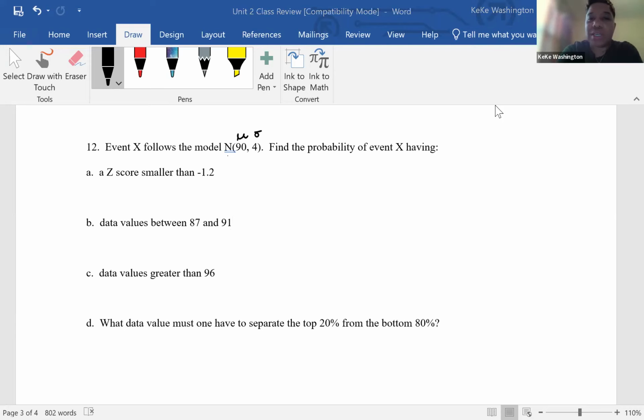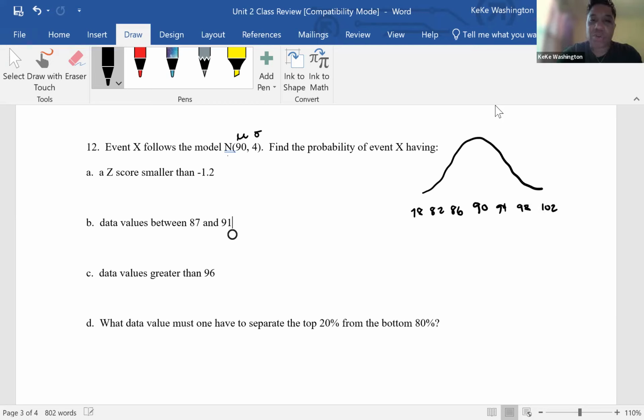How do we calculate the probability if we have a z-score smaller than -1.2? If you were to draw this out, it's a normal distribution, the mean is in the center at 90 with a standard deviation of 4. So I'm just subtracting 4 and adding 4, going out 3 standard deviations.